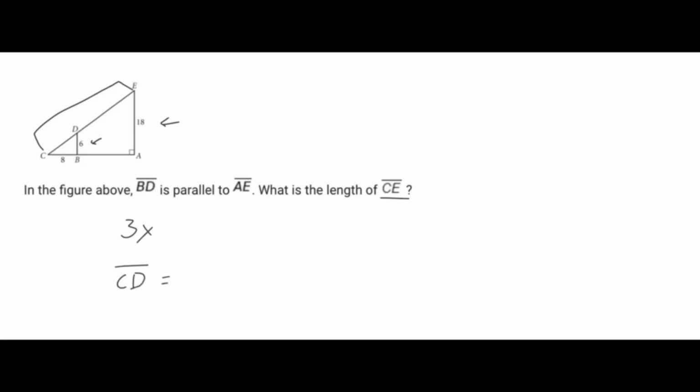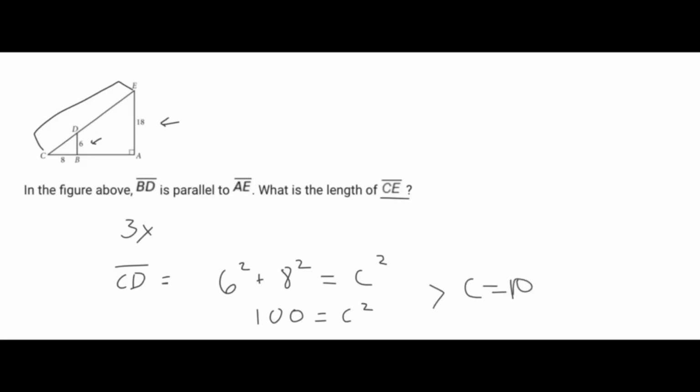So CD, well, we just use the Pythagorean theorem. We'll say 6 squared plus 8 squared equals C squared. So we get 6 squared, 36, plus 64, is 100. And therefore C squared is 100, and if we take the square root of both sides, we ultimately get C equals 10.